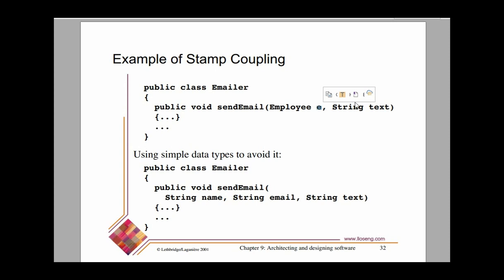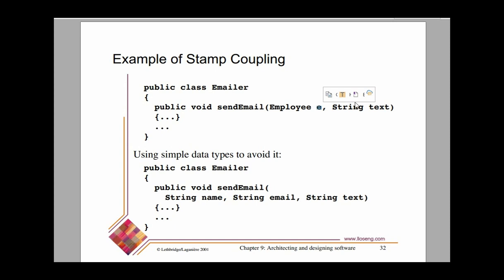Any method that is passed an instance of Employee, just like here, will have full access to all the variables. Yes or no? Yes, it will have full access to all the variables.